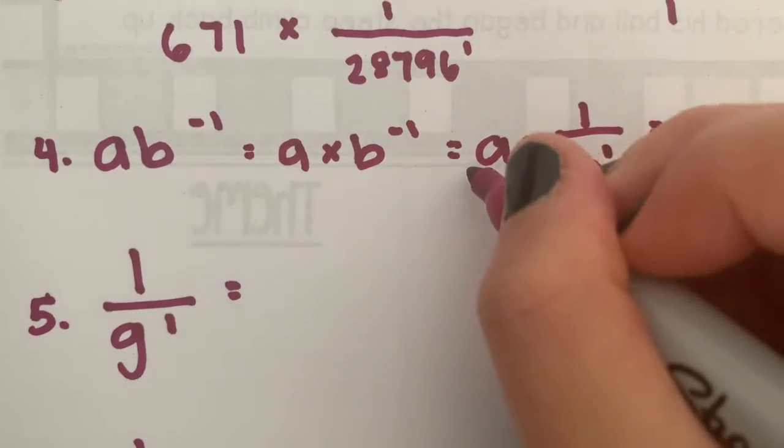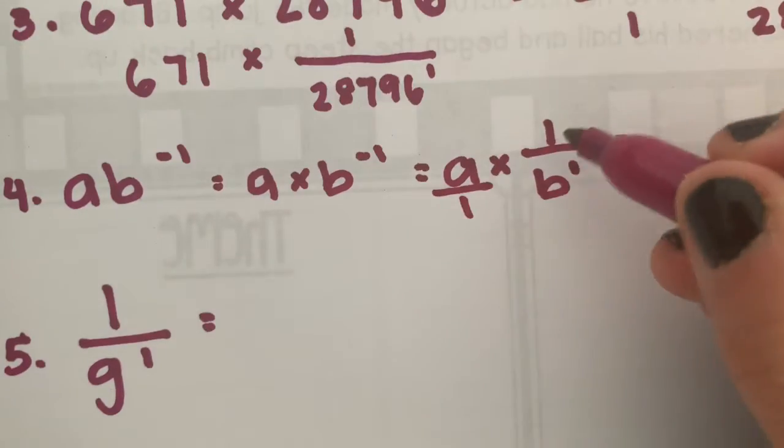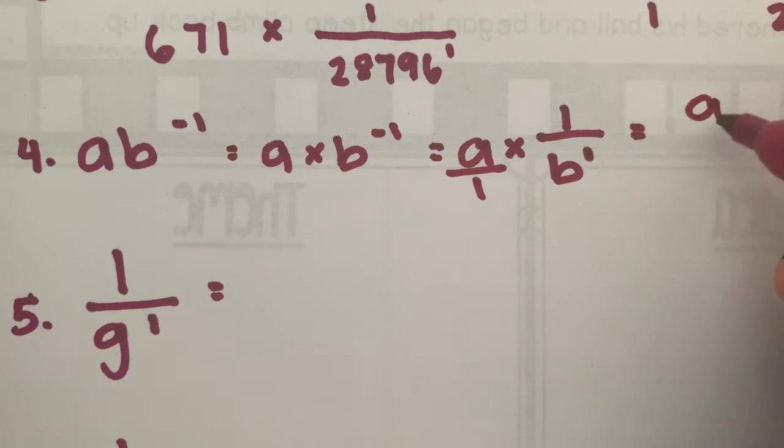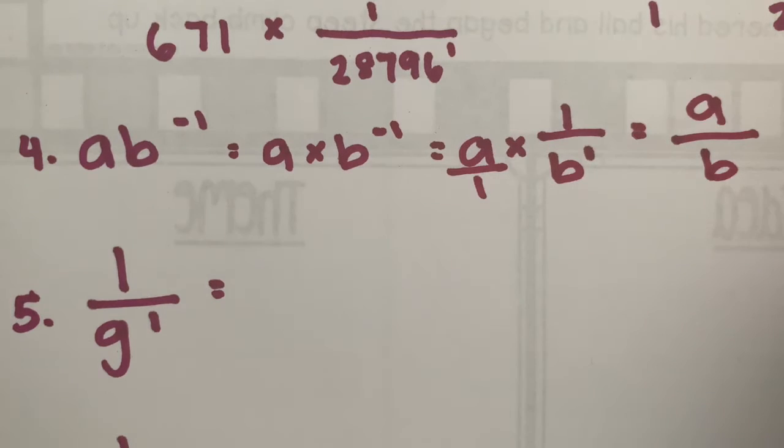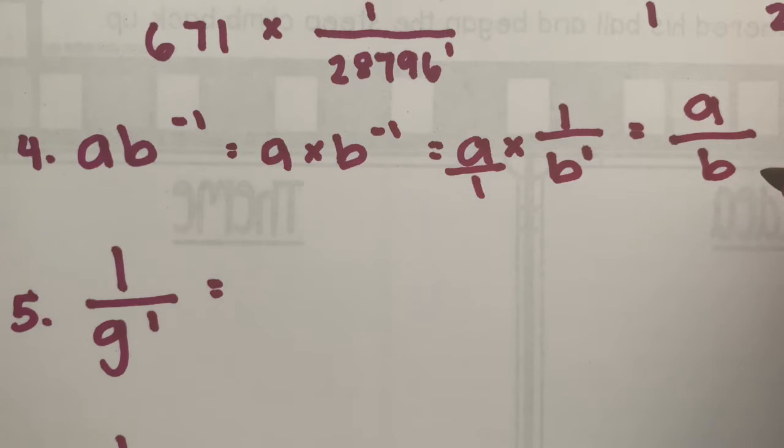Now you'll multiply across. So what's a times 1? a. And what's 1 times b? b. Anything to the first power is just that number. 3 to the first power is 3. 4 to the first power is 4. b to the first power is b. So you'll just leave it at that.